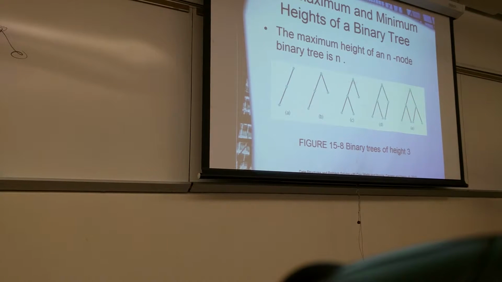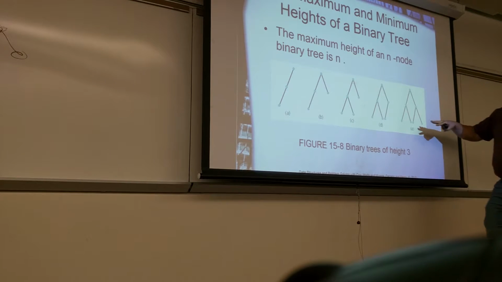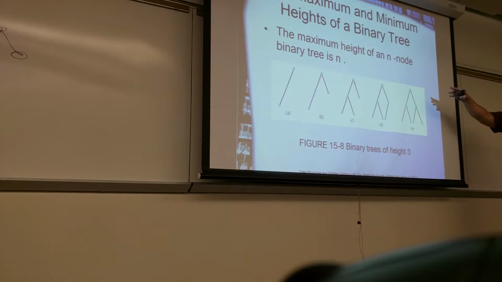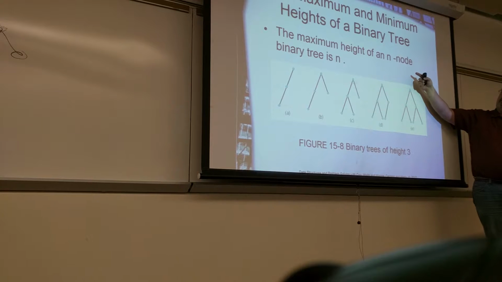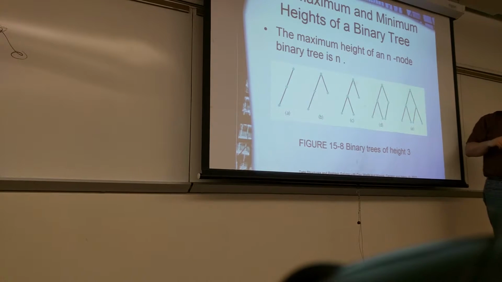Now we're going to talk about our max and minimum heights for binary trees. Don't really like this diagram because it doesn't really fit what we're saying here, but we'll get to it. The maximum height of an n-node binary tree is n.